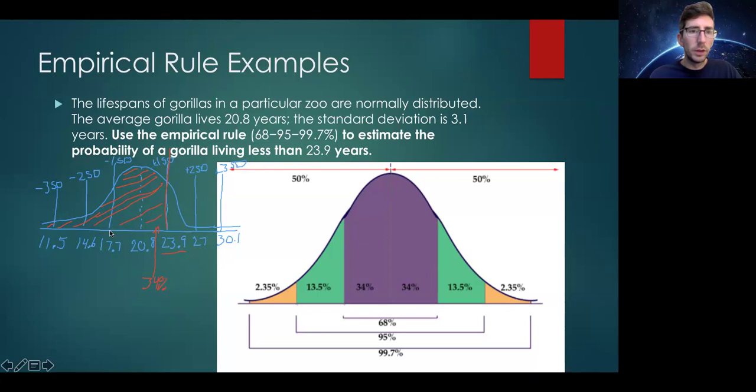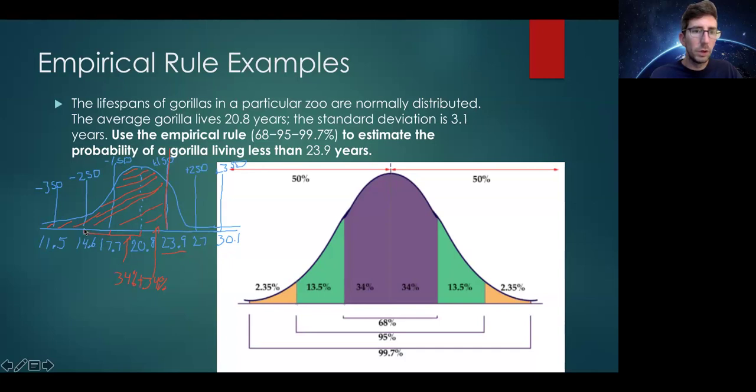Now if we take this piece, right, this is one standard deviation below the mean, from our mean to one standard deviation below. That's another 34%. Put a plus sign there.